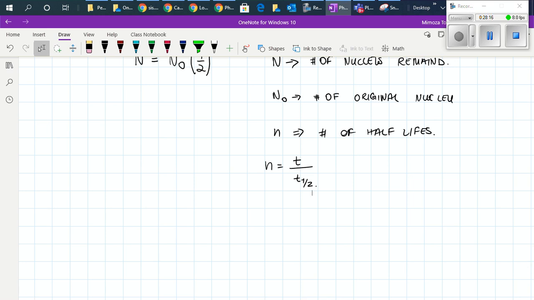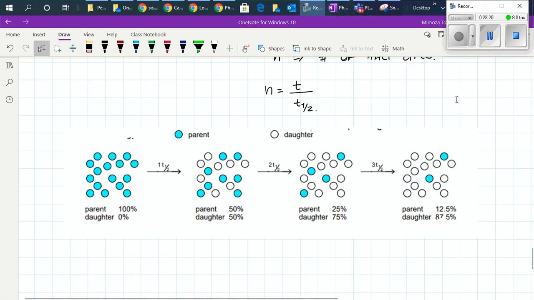So let's suppose that what we have here is a legend: whatever is colored is considered to be parent nuclei, and whatever is empty is considered to be daughter nuclei created. If we start at a certain time, then we have 100% of the nuclei from the same type as the parent nucleus, and 0% daughter nuclei.